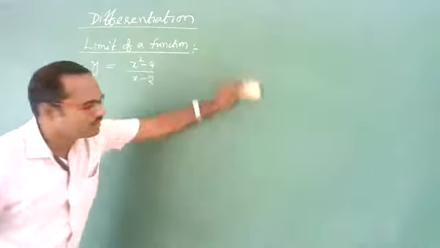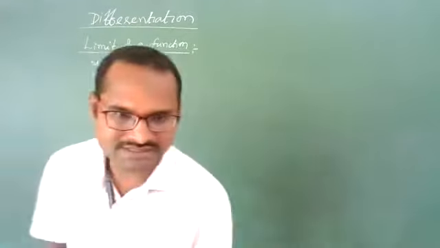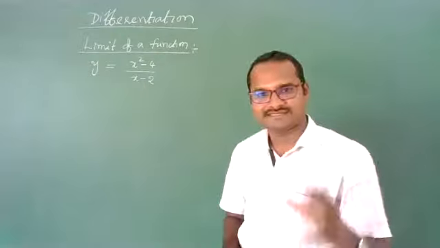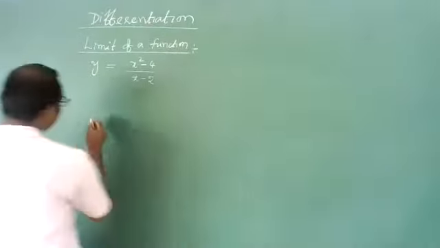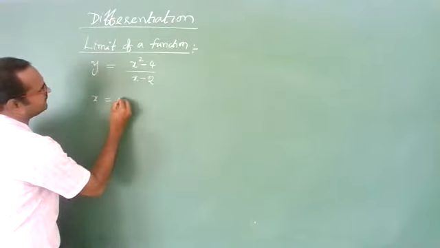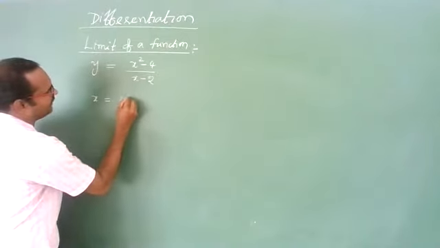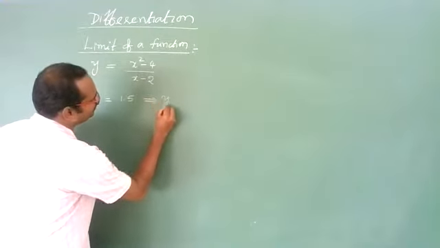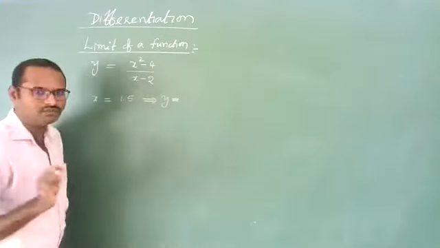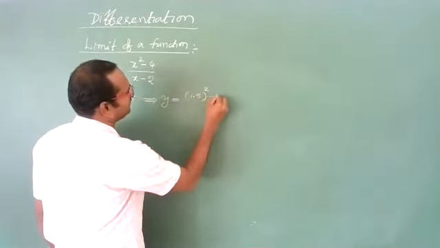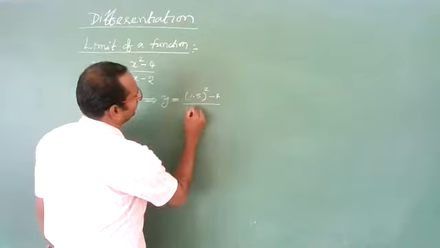Now what I am going to do is take different values of x. For example, I'll take the value of x as 1.5. Then what will you get as the y value? You will get 1.5 squared minus 4, divided by 1.5 minus 2.